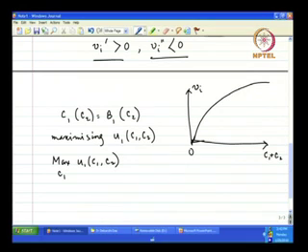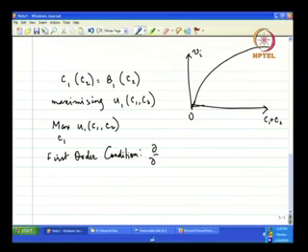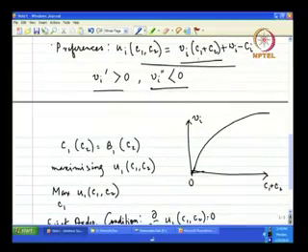and this is the familiar problem of maximization and minimization. What we need to do is to set the first derivative with respect to C1 of this function equal to 0. That will be my first order condition, and I know what U1 is. U1 is this much.